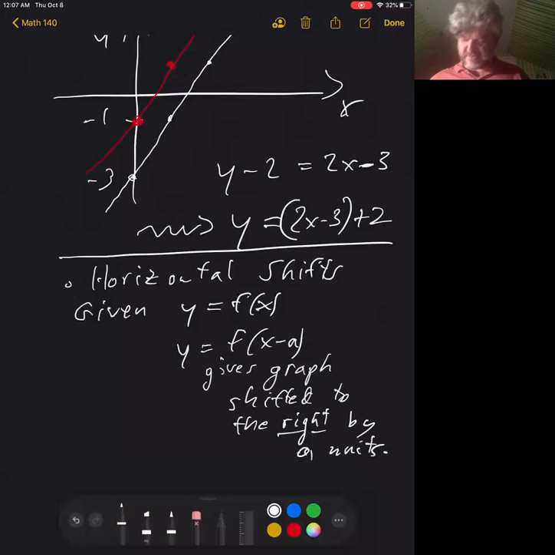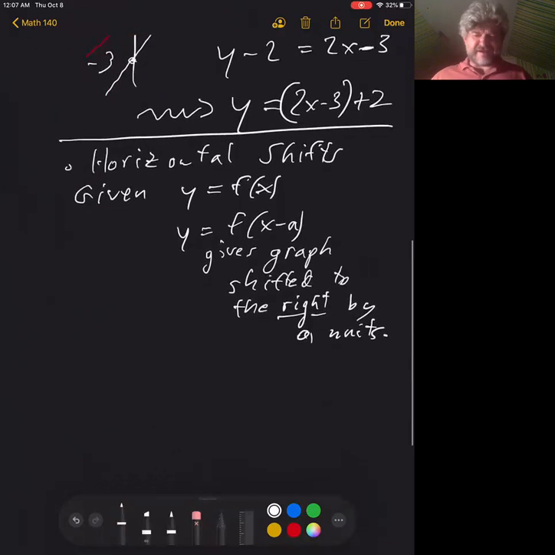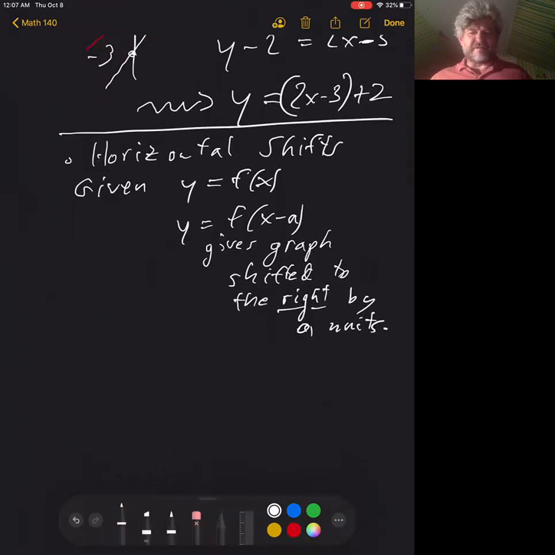This has always bugged me when I saw that for the first time in high school. When I'm subtracting something from x, why does it shift the graph to the right when I'm moving x to the left?